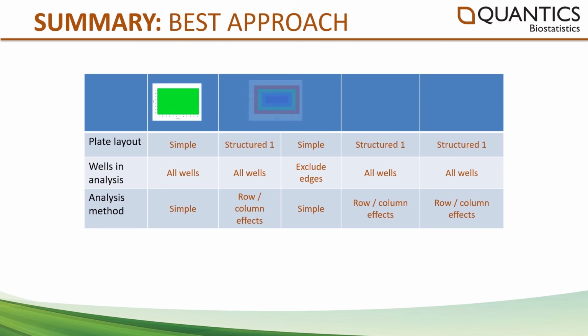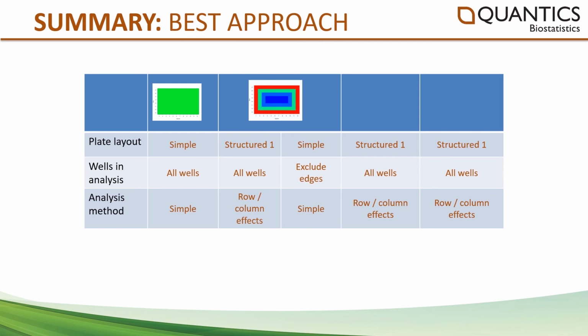That's what you'd expect. Where we have the exponential plate background, two different approaches work virtually equally well. The simple plate layout works reasonably well. The analysis is much better if you exclude the edges. We got very similar results using the structured one design, which is a bit harder to implement obviously, including all the wells in the analysis and adjusting for the row and column effects.